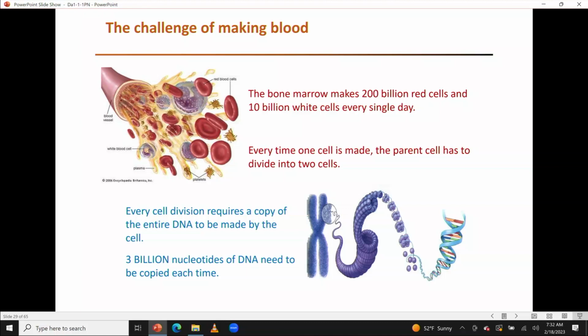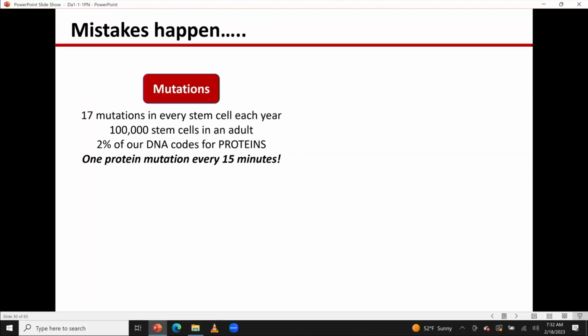And your DNA is 3 billion pieces of DNA, nucleotides, those A's, T's, C's, G's. So we have 3 billion nucleotides of DNA for one cell division, and we have to make 210 billion cells a day. That's a lot of DNA copying. And mistakes happen.